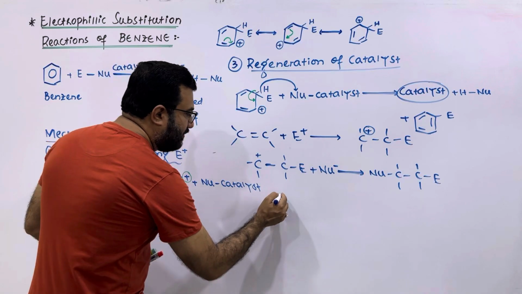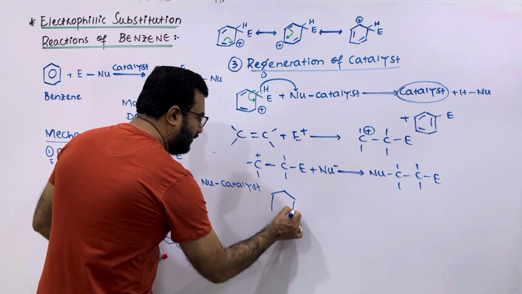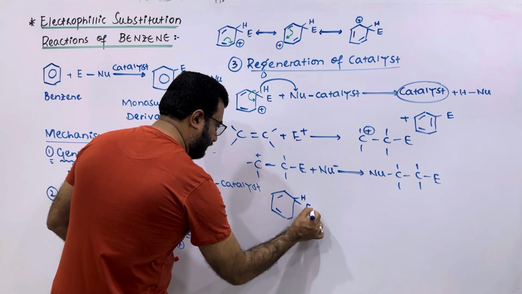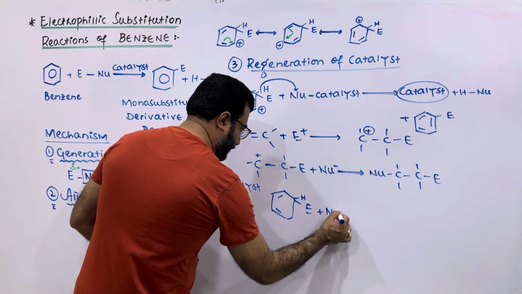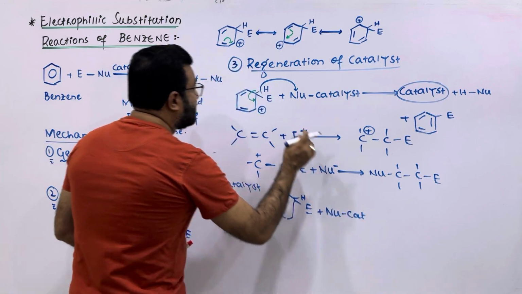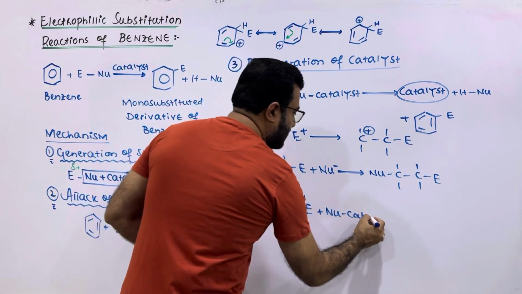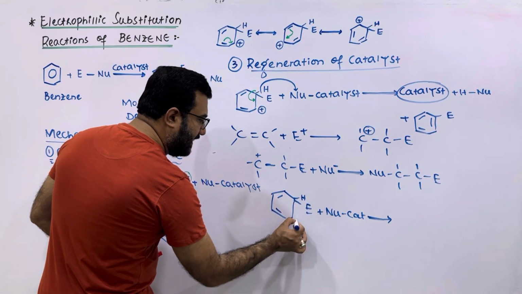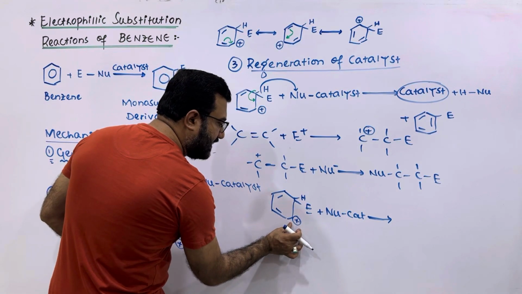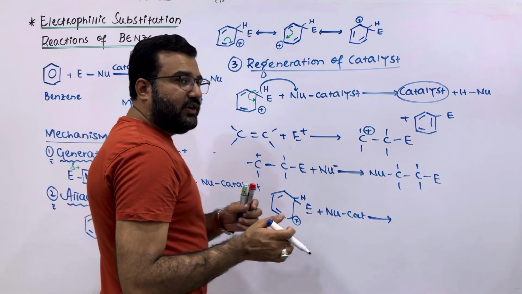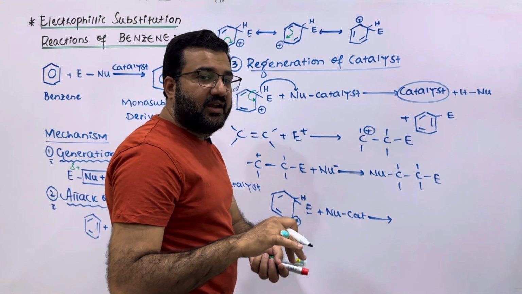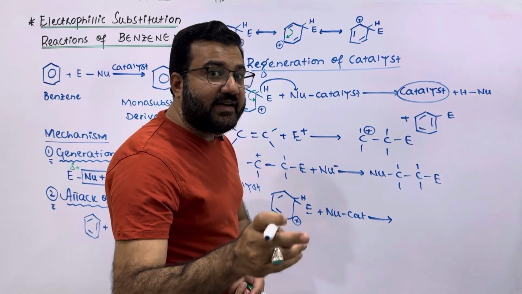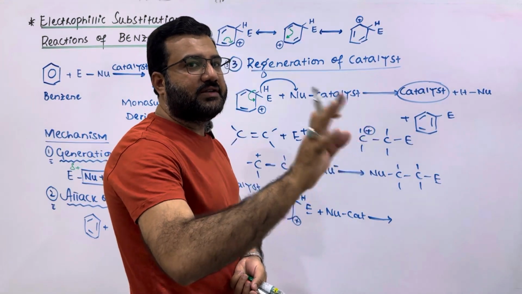But in case of benzene, look at the last step. In case of benzene, the nucleophile cannot attack the positively charged carbon of the benzene, and it will not be added to the benzene ring, because if it is added to the benzene ring, aromaticity of benzene will be lost.